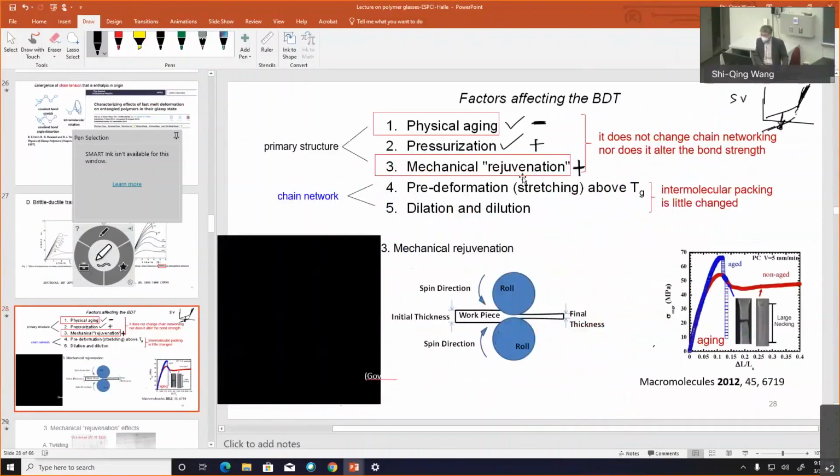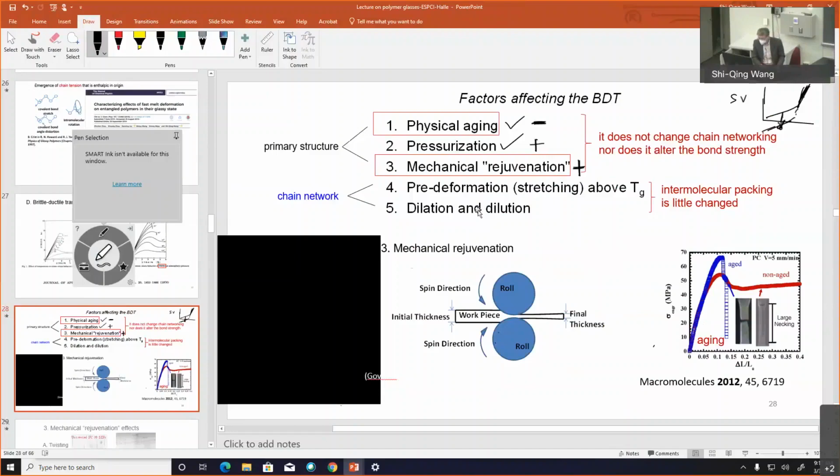So that's the first three factors. It's basically affecting how all the monomers are trying to pack. And that relationship is all dependent on temperature. They pack in a much more frozen state if you go to lower and lower temperature, right? We know that.